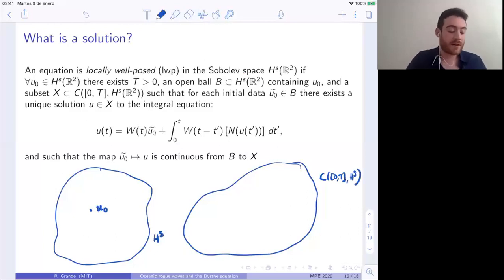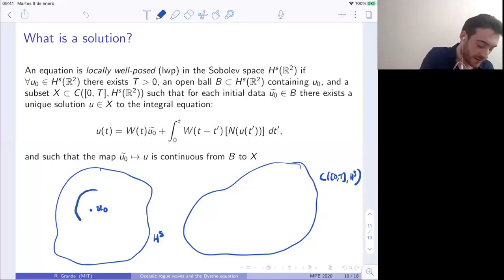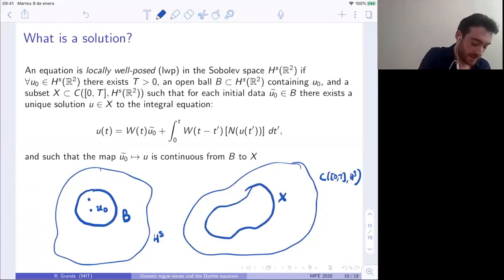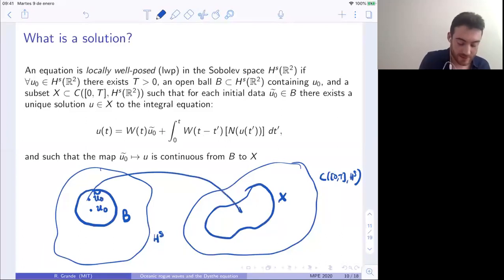So we say that there is a solution and it's locally well-posed when there is some time T, and some open ball B around this initial data, this is B, and also a subset of this space X, whatever that might be, such that if we take any other point in this ball, u0 tilde, then there is a solution to the integral equation that lives in this space X. And also in such a way that the map that I just described is continuous.